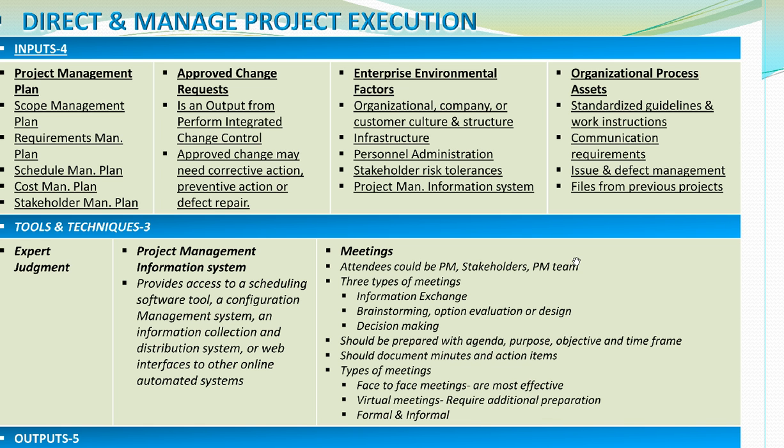And the third type of meeting is for decision making. What decision they are going to make with respect to directing and managing project execution. Now every meeting should be prepared with an agenda, the purpose, objective, and time frame.